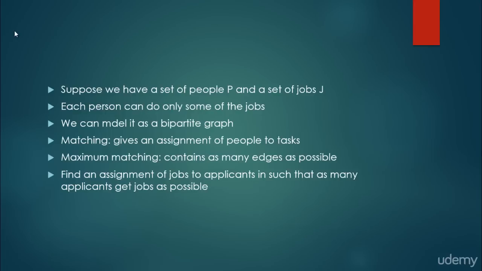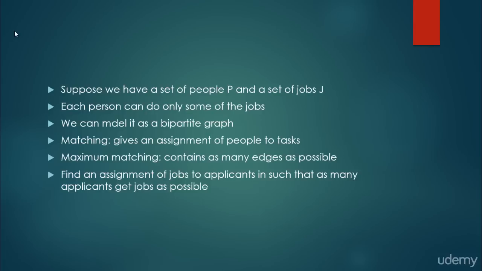If someone has a certificate in, for example, Java programming, then of course he can do programming stuff and so on. So each person can do only some of the jobs, and we can model it as a bipartite graph.